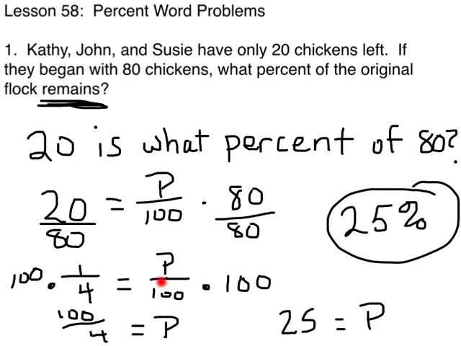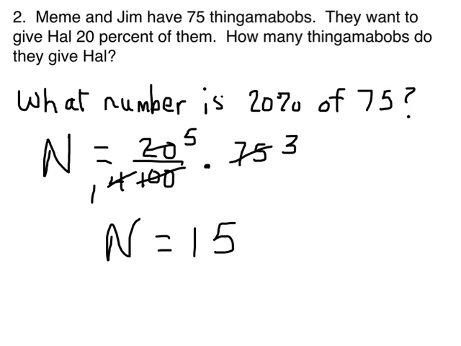Now I need to get rid of this 100. It has been divided, so I'm going to multiply, and then it will cancel out. So I need to multiply this side by 100 also. When I do, I'm going to get 100 over 4, or 100 divided by 4, which is 25. So 20 is 25% of the 80 that they started with.